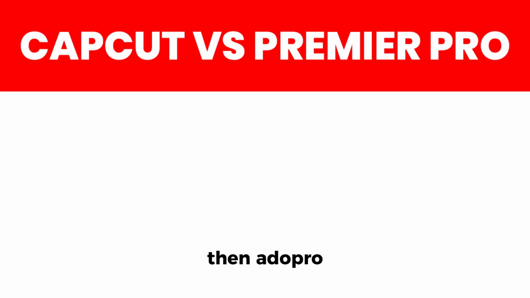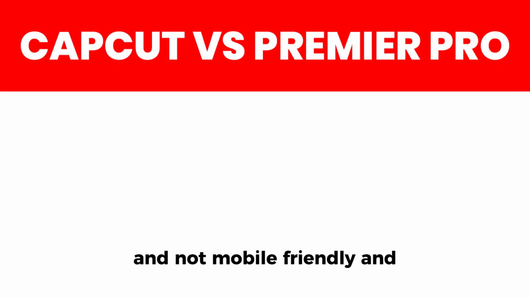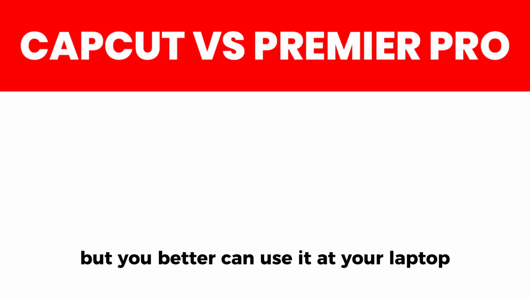Then Adobe Premiere Pro: professional grade, advanced capabilities, integration, regular updates, and community resources. And the cons of Adobe Premiere Pro: steep learning curve, subscription based, hardware demands, and not mobile friendly. And CapCut is mobile friendly, but you can better use it on your laptop.